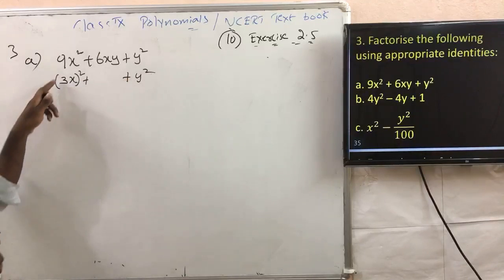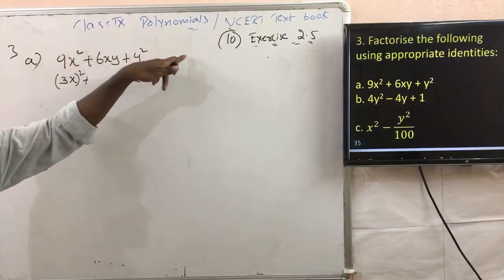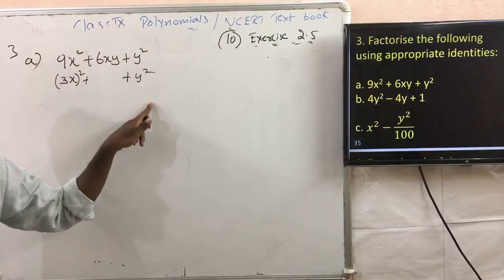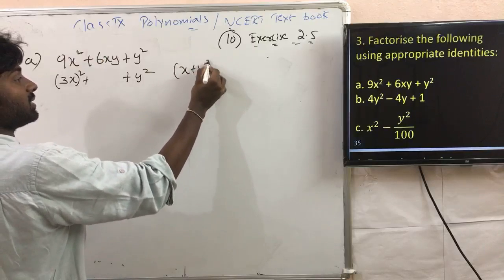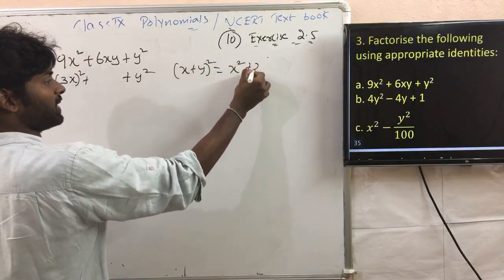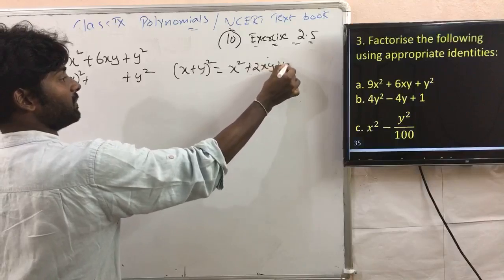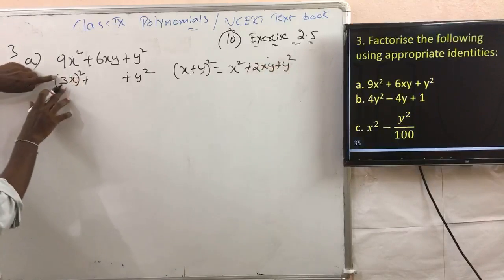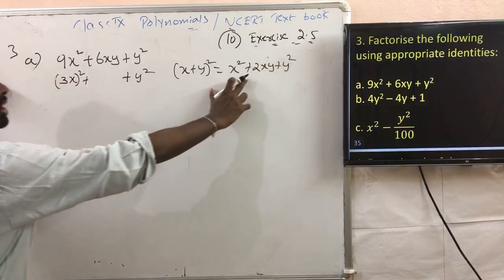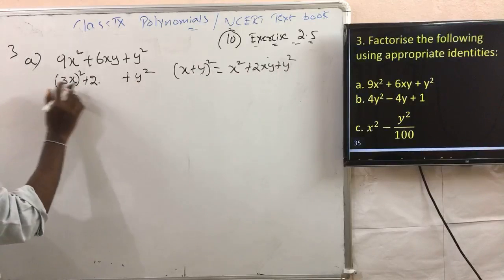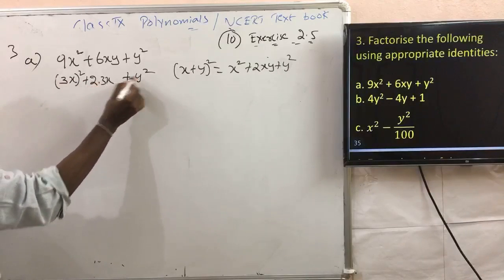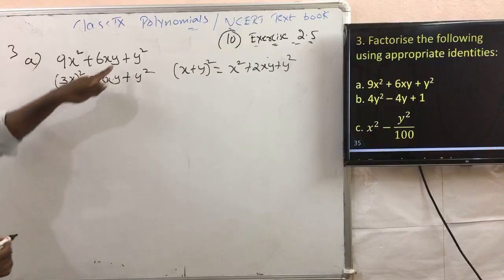I already said it should be x plus y whole square, which is nothing but x square plus 2xy plus y square. So you got x square and y square. Write in the form of 2 into x plus 2 into, what is x here? 3x. What is y? y itself.